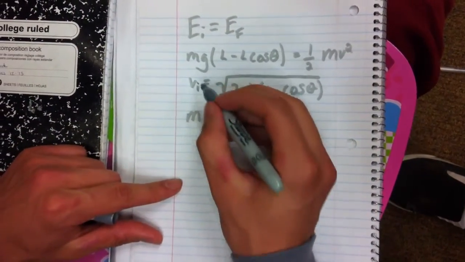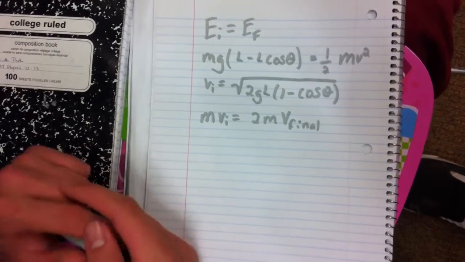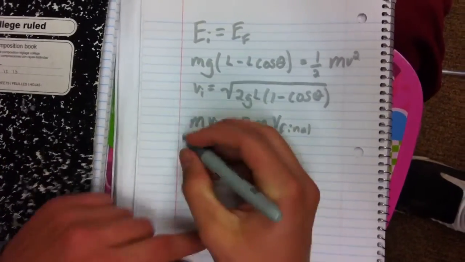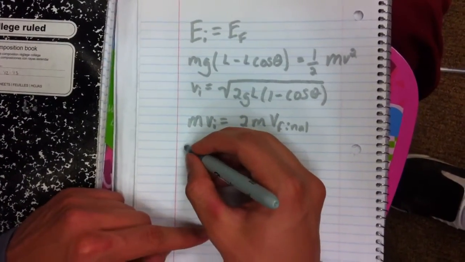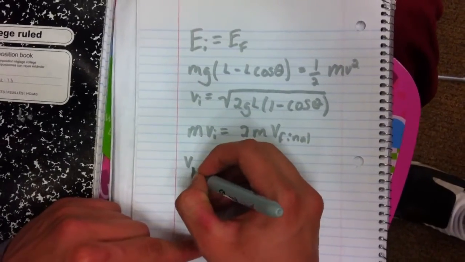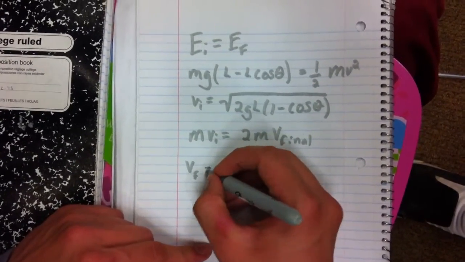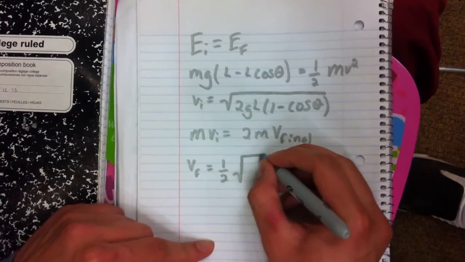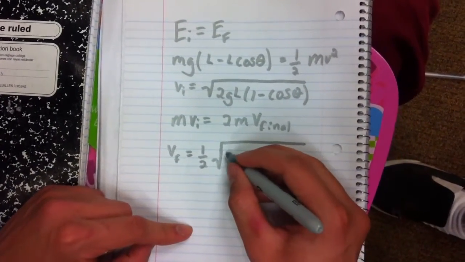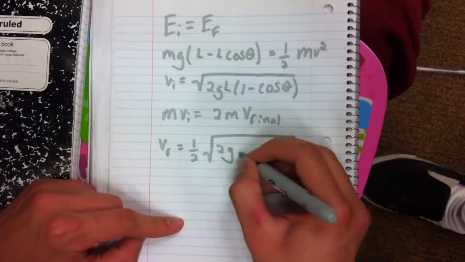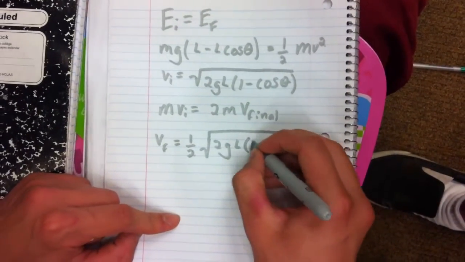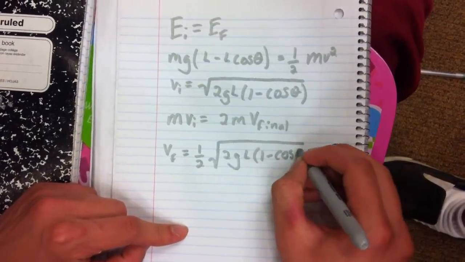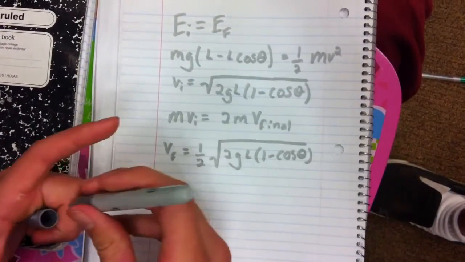And this is also v initial, just for further clarification there. So, we've got v final equals 1/2 the square root of 2gL times 1 minus cosine of theta.